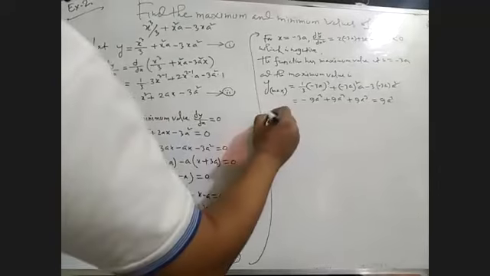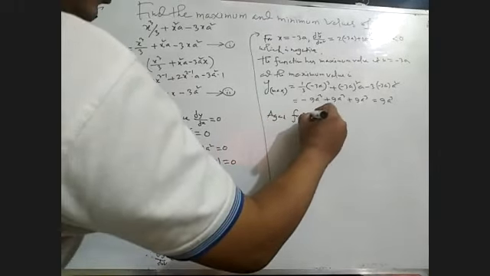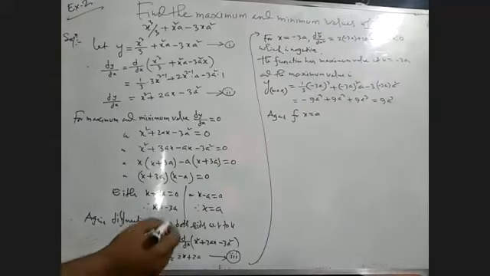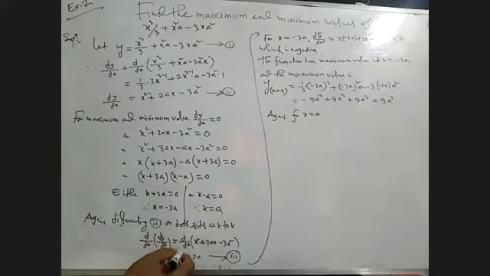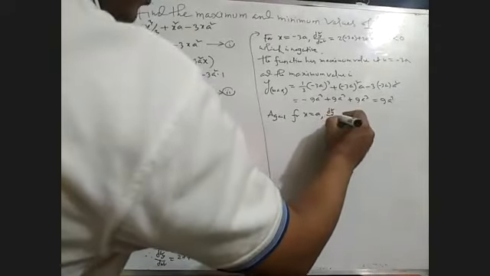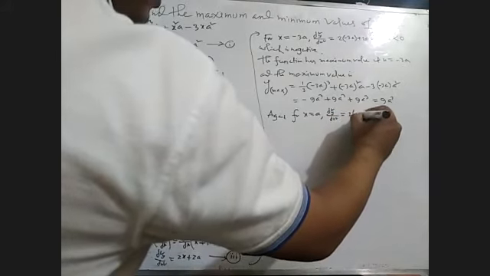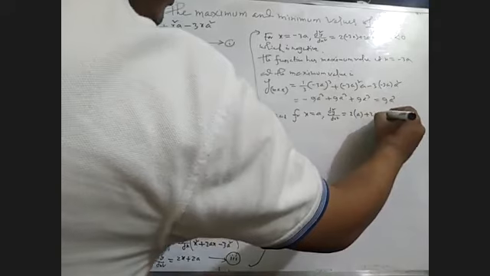Again, for another point, x equals to a, putting x equals to a in equation 3, we are testing d square y by dx square, which is 2 into a plus twice a.